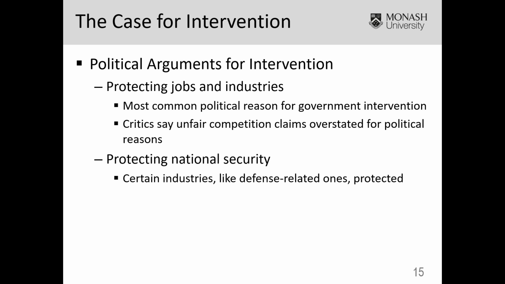In the US, the argument for reopening, for keeping open meat plants is being mounted because it's about protecting jobs and protecting industries. And they're emphasising protecting jobs because people really want to go back to work, when it's really about protecting particular companies, and those companies have high lobbying power. But protecting jobs and protecting industries is a key argument for intervention.